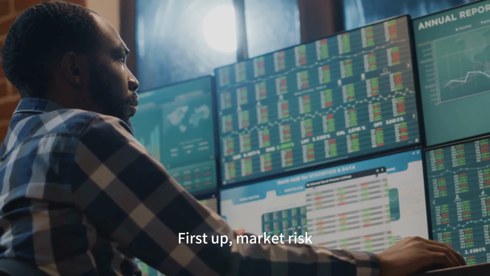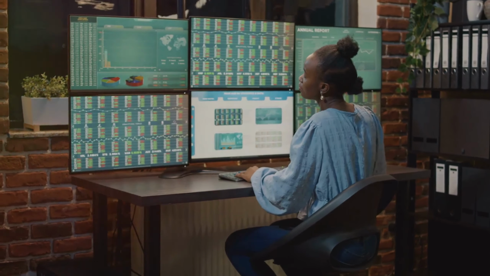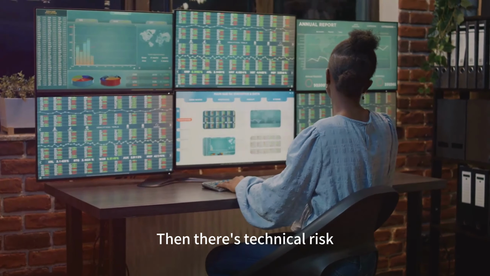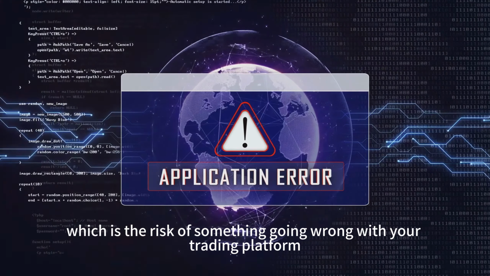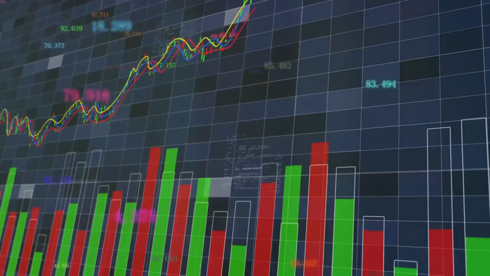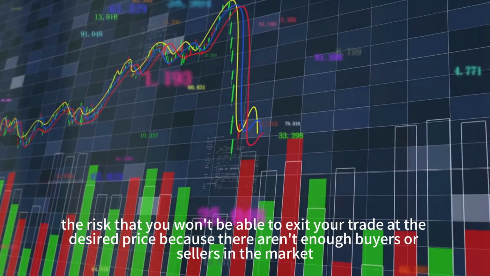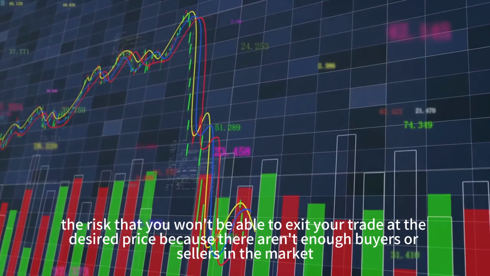First up, market risk. They can disappear faster than you can say buy low, sell high. Then there's technical risk, which is the risk of something going wrong with your trading platform, your internet connection, or even your broker's systems. The risk that you won't be able to exit your trade at the desired price because there aren't enough buyers or sellers in the market.